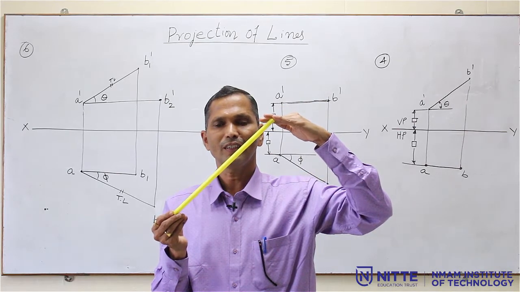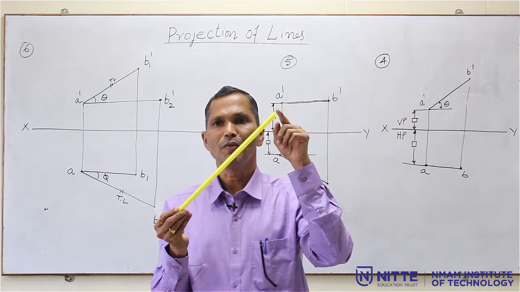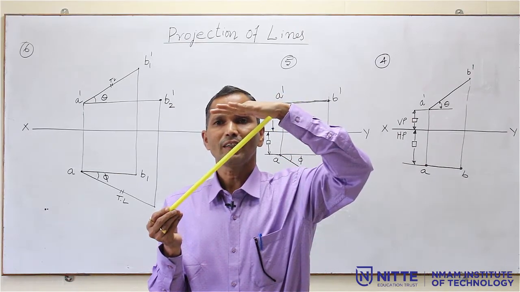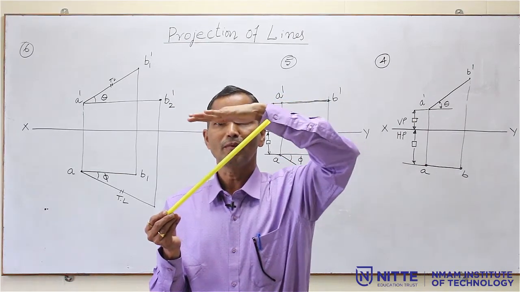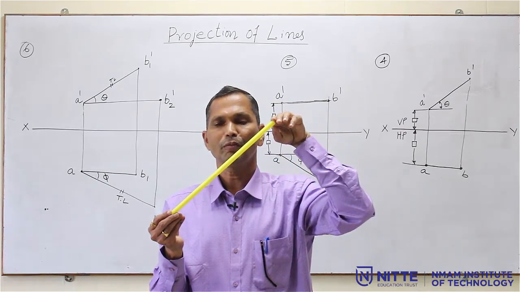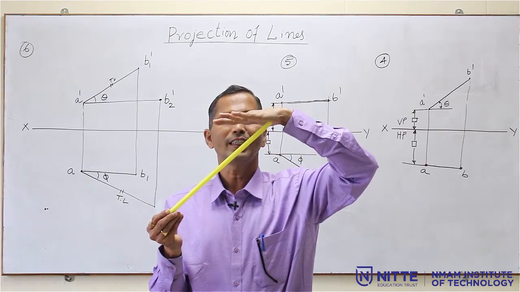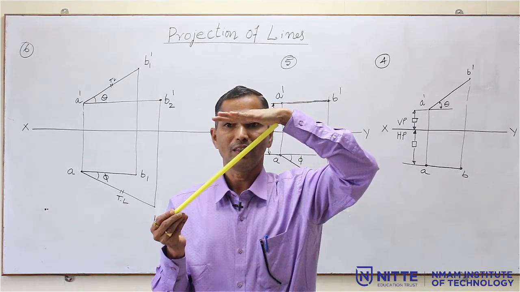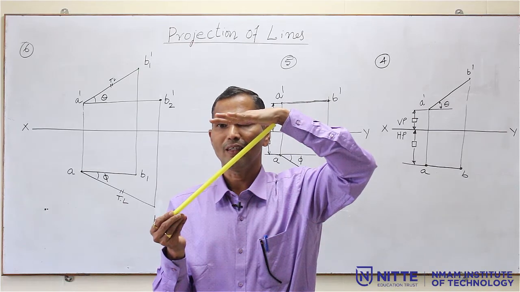What is this position? A dash B1 dash. Then B dash will be at the same level, somewhere here in this line, but this is B1 dash. That means B1 dash and B dash will be in the same plane, at the same level.